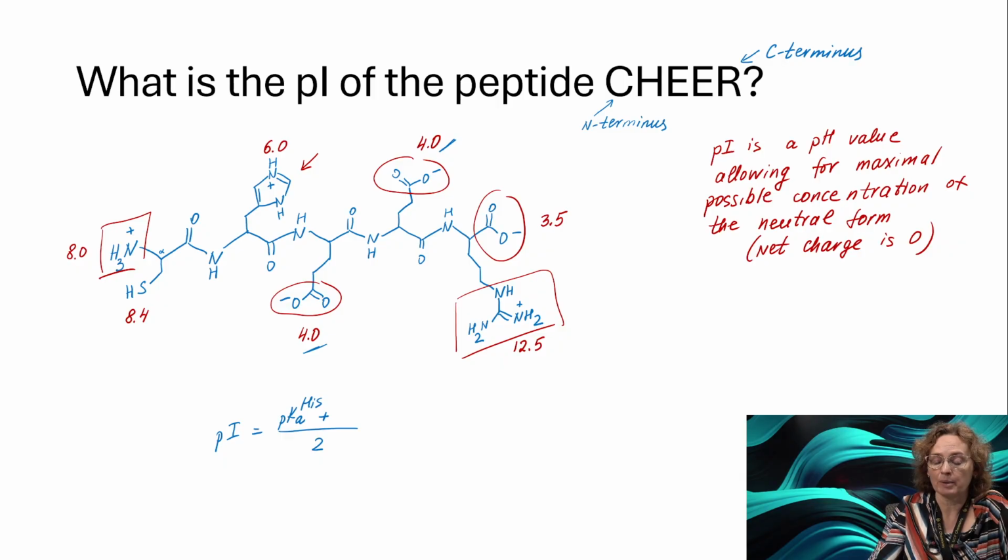If I have my pH higher than 4, that allows for deprotonation of those groups. And still, if I don't exceed or approach too close to pH of 6, that will allow for the protonation of my histidine group. And so that would give me the pI of 5.